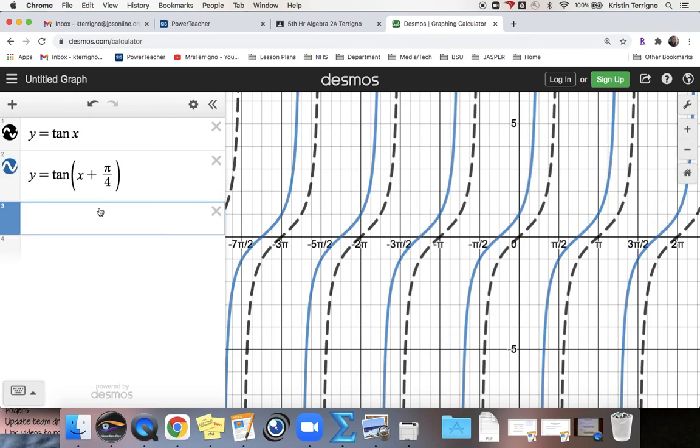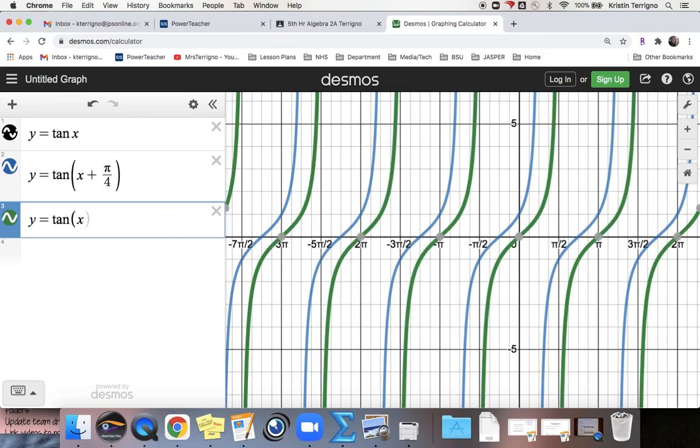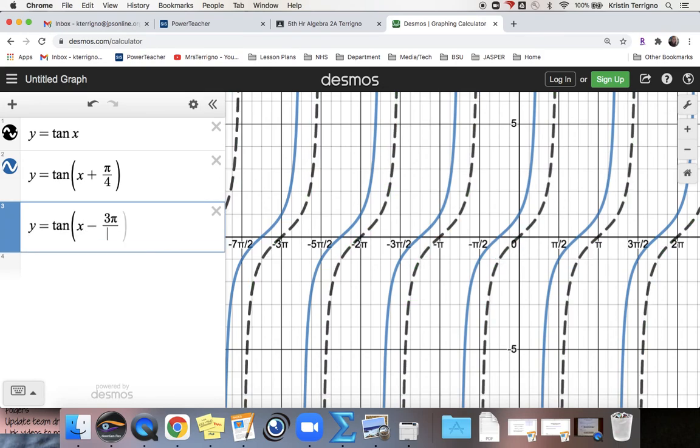But if I typed in the second one we came up with, y equals tangent of x minus 3 pi over 4, it's going to land in the exact same place. So the blue graph and the green graph are exactly the same, because one shifted to the left and one shifted to the right, but they landed right on top of each other because it's periodic, because it repeats itself over and over again.